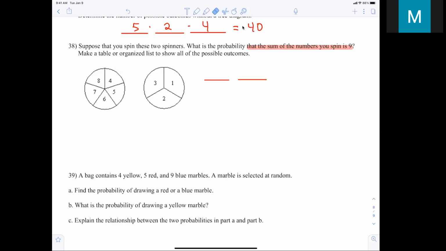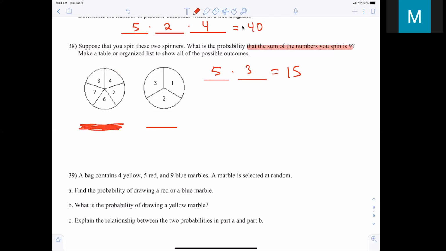In this event, how many outcomes are possible? 5. On the second event, there are how many? 3. So there are a grand total of how many different outcomes? There are 15 outcomes.